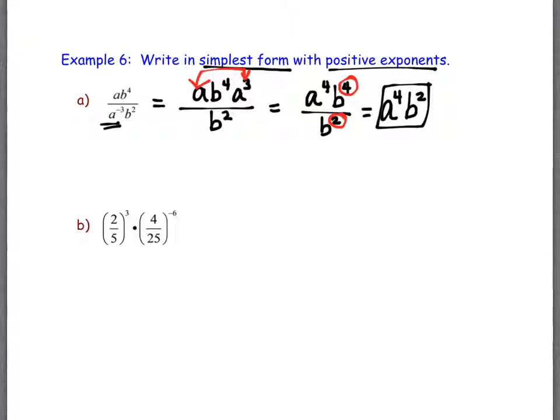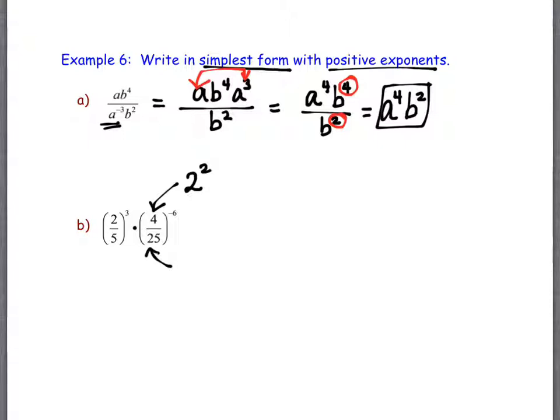So, taking a look at this, suggestions, anybody? Can you flip 4 over 25? We will flip the 4 over 25, but I'd rather right now, before we worry about that, get the 4 and the 25 to look like something else. Right now, we can recognize that this 4 is the same as 2 squared.